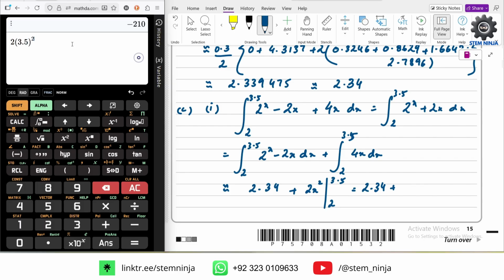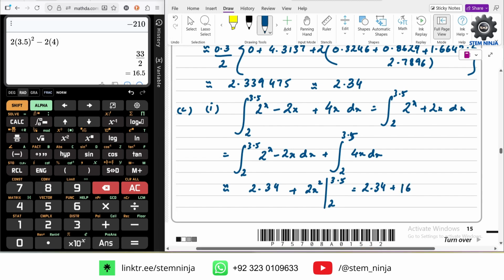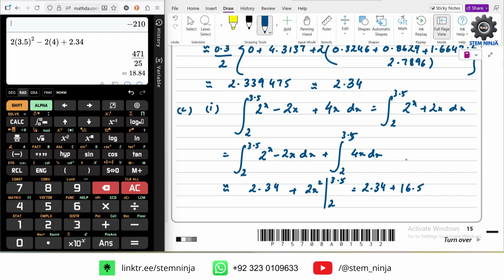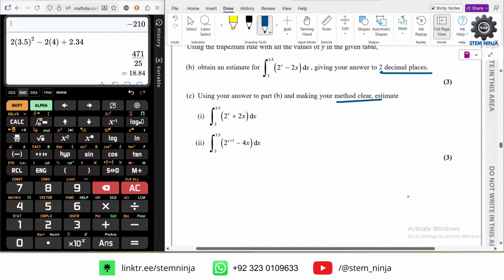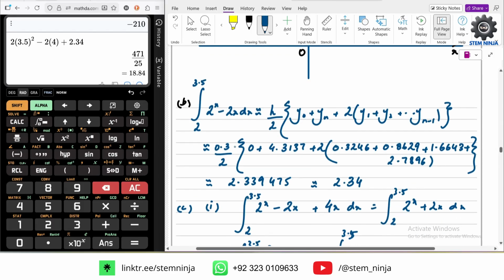So this one would become 2.34 plus 2 times 3.5 squared minus 2 squared, 33 over 2, 16.5. This is 2.34. This is 18.84. Okay. Next up is 2 raised to the power x plus 1 minus 4x. Oh, okay. So this is just simple multiplication by 2.